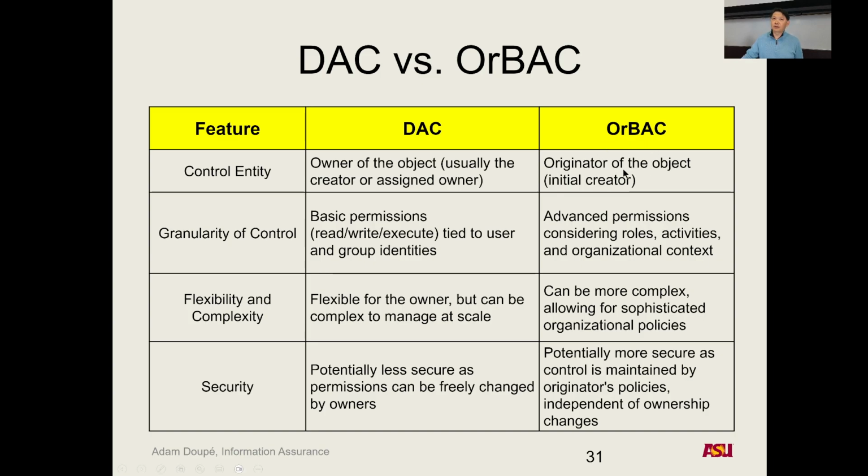In this case, it applies to intellectual property, like movies, dramas, videos, and music. The creator can determine the access control for that creative work. Granularity: everyone understands granularity, right?